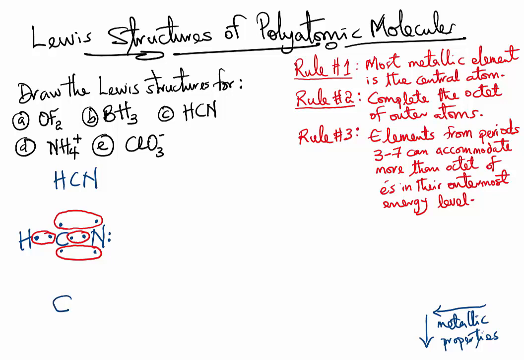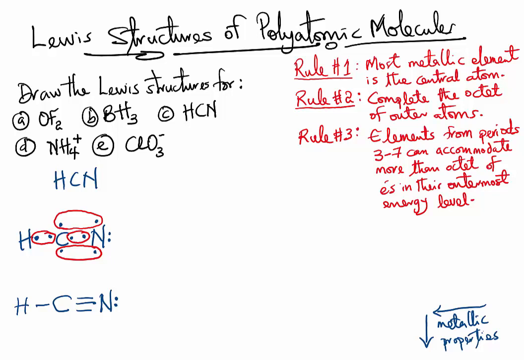Carbon is sharing 6 electrons with nitrogen. That would be a triple bond. Nitrogen also has a lone pair that is not being shared. Then carbon is connected to hydrogen.